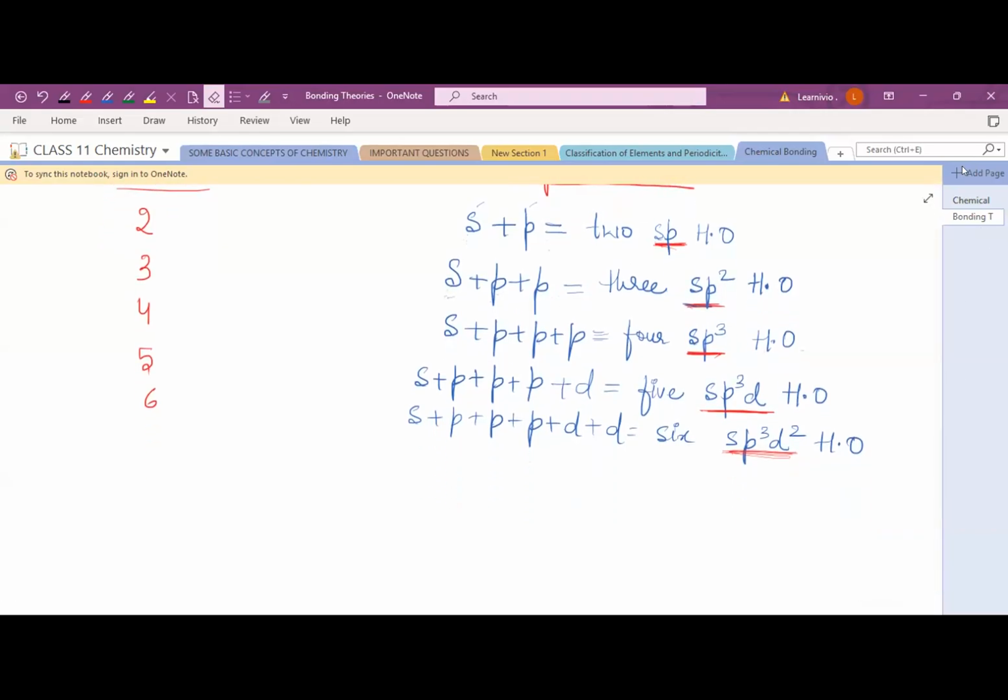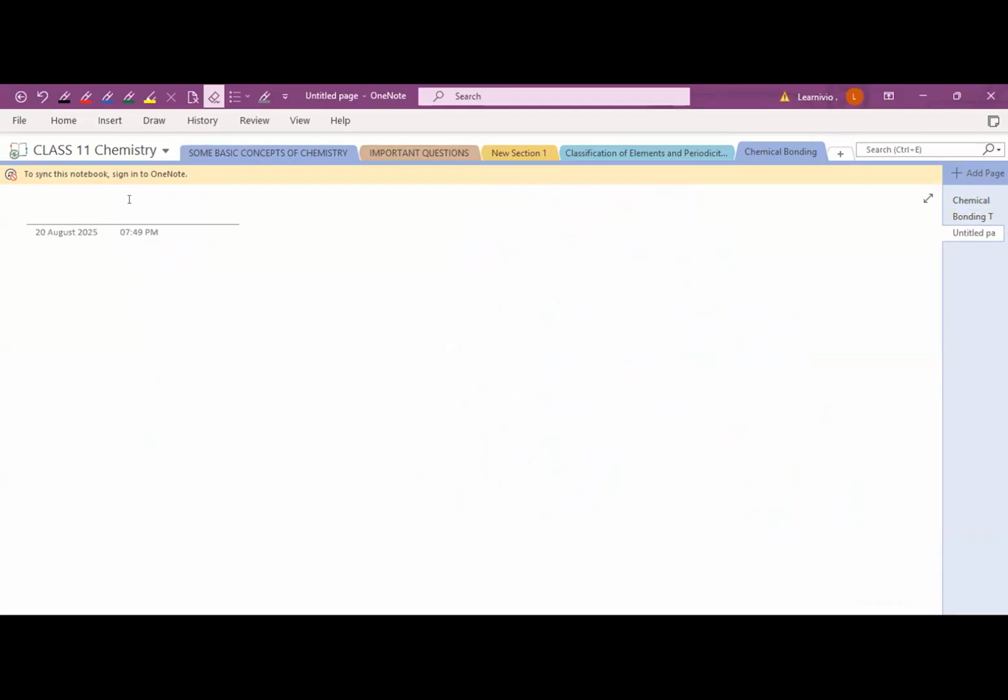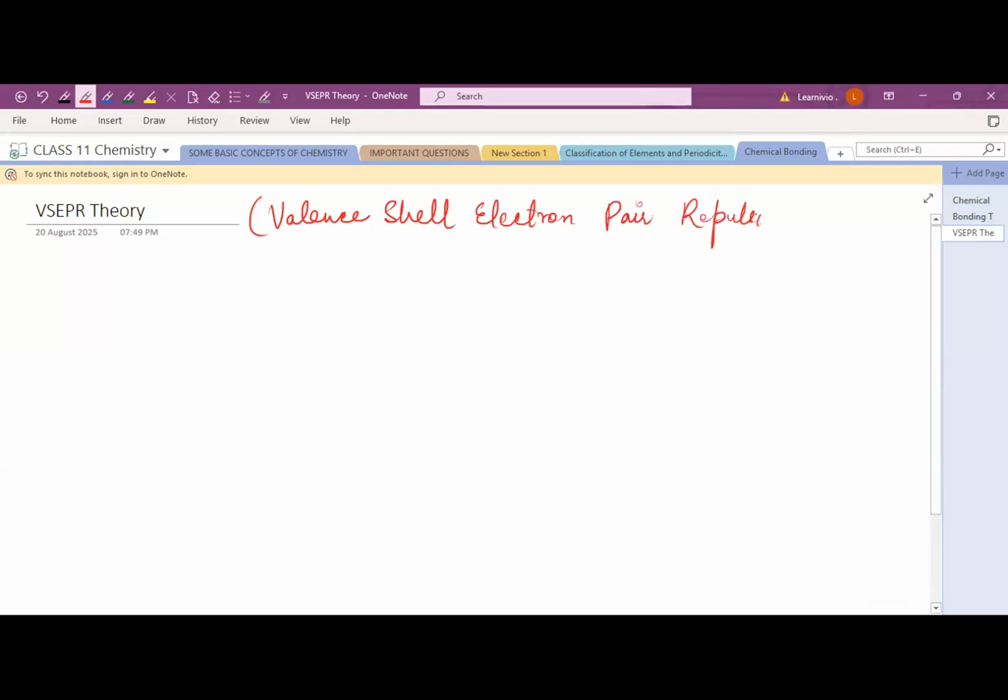Okay, write on the next heading, VSEPR theory. So what is VSEPR theory? VSEPR theory, the full form is valence shell electron pair repulsion theory.